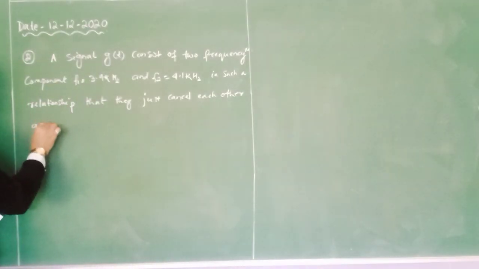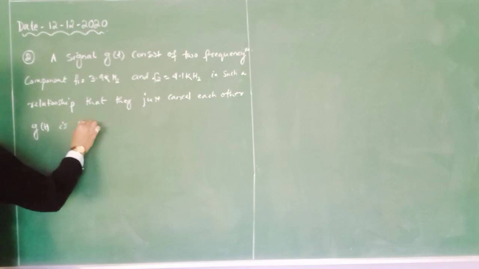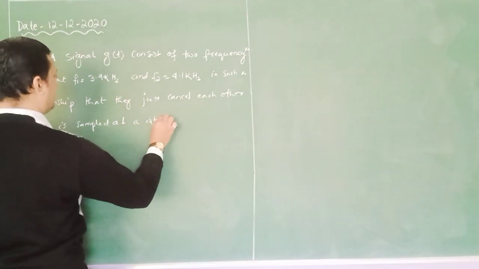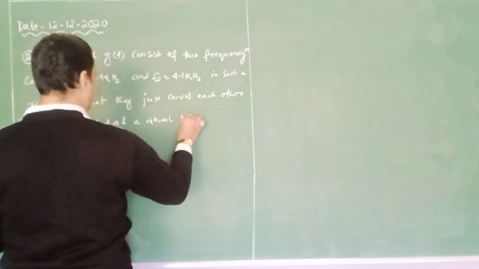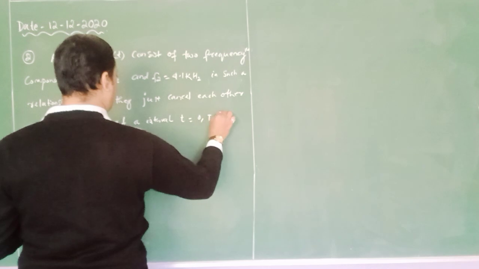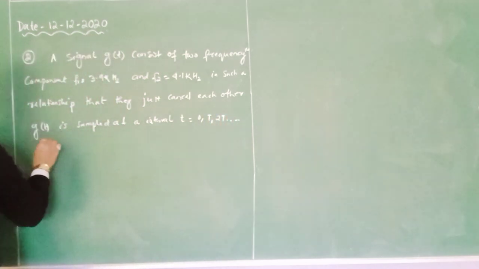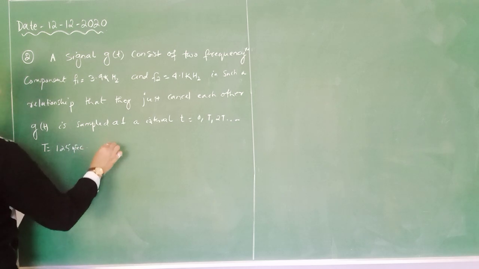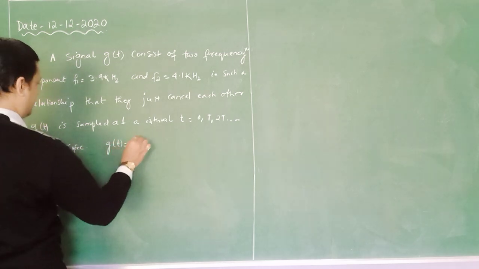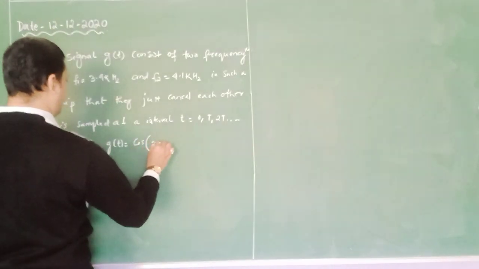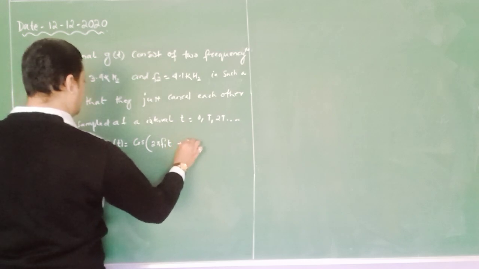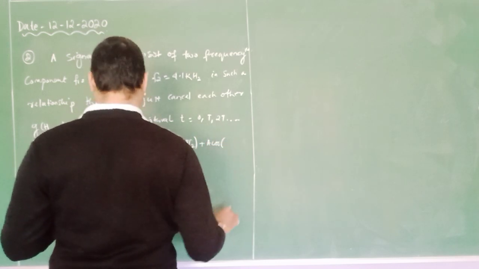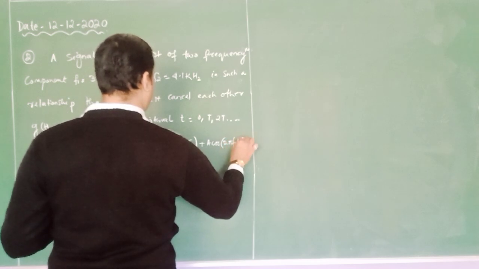g of t is sampled at an interval t equals 0 to T, where capital T is 125 microsecond, and g of t equals cos of 2 pi F1 t plus pi by 2, plus A cos of 2 pi F2 t plus phi.